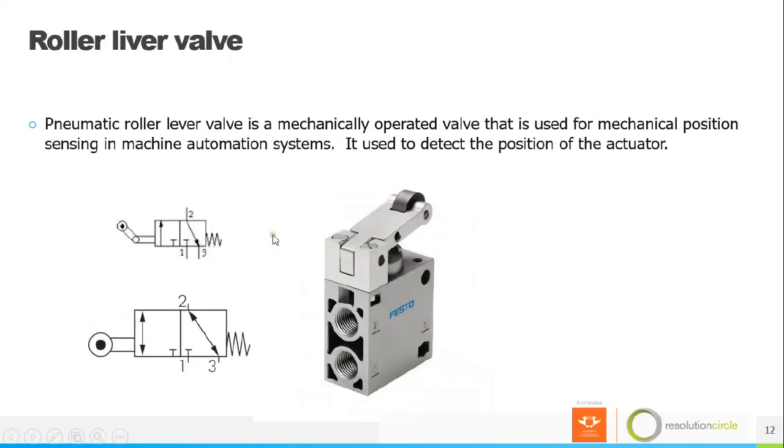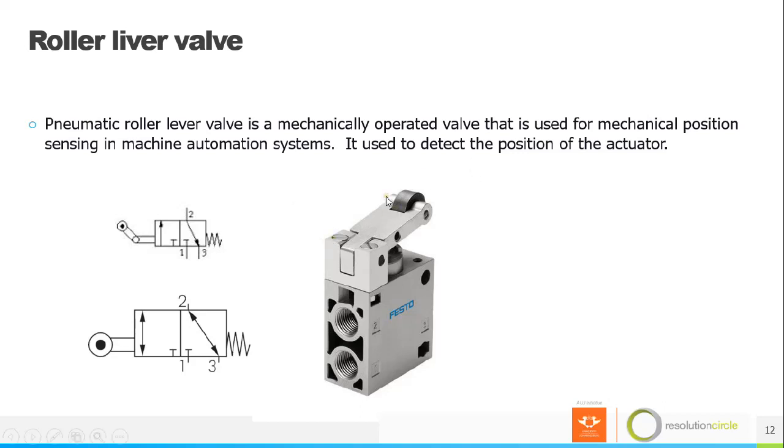We have another sensor that does the same job, which is the roller lever valve. A roller lever is a mechanically operated valve that uses mechanical position sensing in machine automation systems. It is used to detect the position of the actuator.